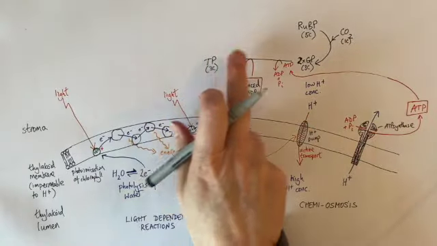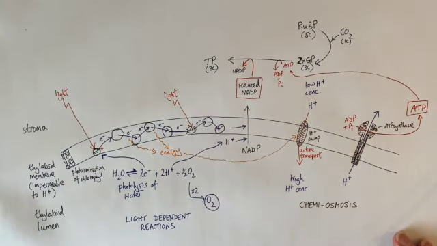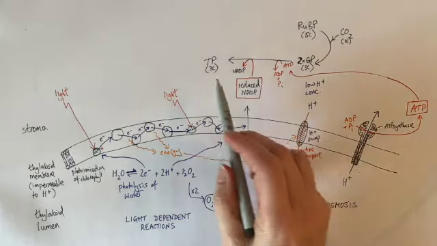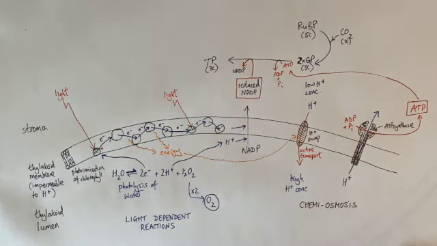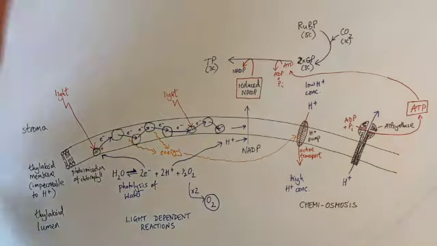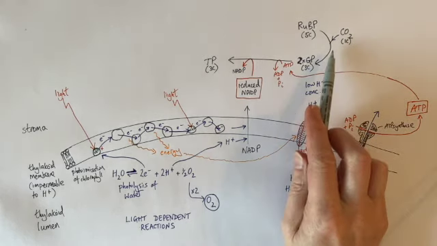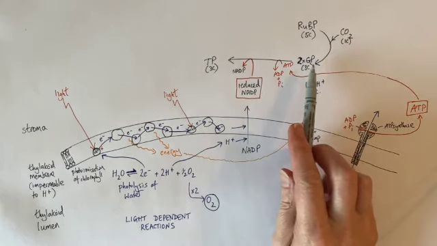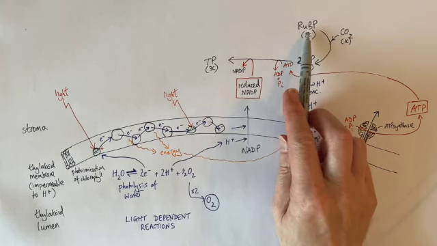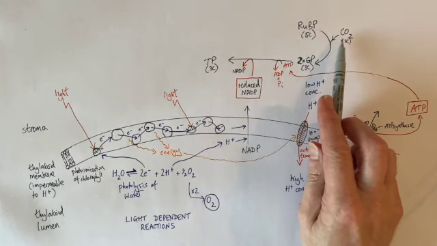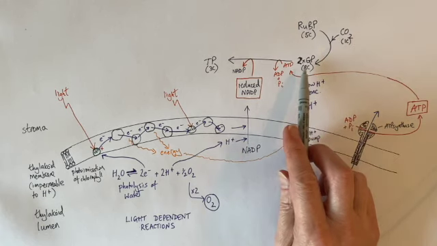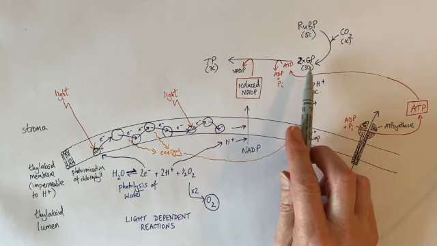Now, when we think about the light independent reactions, let's just think about quantities of each. Don't worry about how many GP, TP and RuBP molecules there actually are in the stroma. Just think that there's a quantity of each. But you do need to know the relationship between these 3 molecules. That 1 molecule of RuBP combines with 1 molecule of CO2 to form 2 molecules of GP.